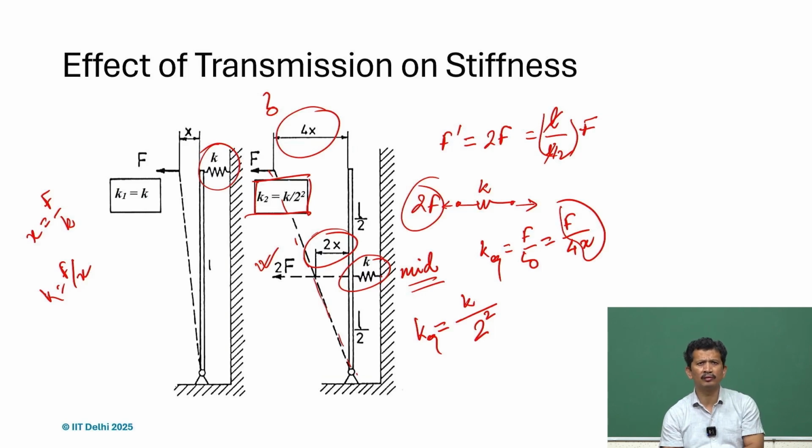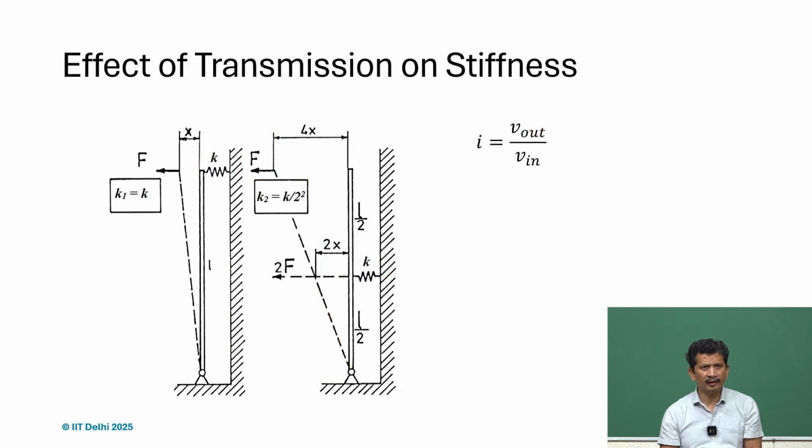So, you move to the midsection inside, but you lose stiffness, and it is square times. Placing any stiff or compliant member having value K will have a lot of effect on the equivalent stiffness, and this is one example to illustrate that. So, we can write it in terms of the transmission ratio also.